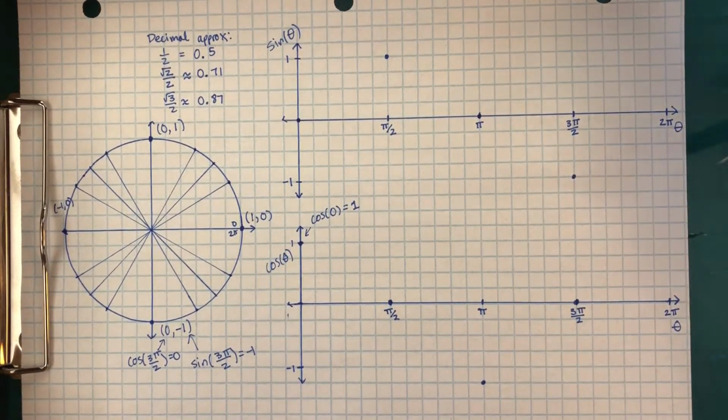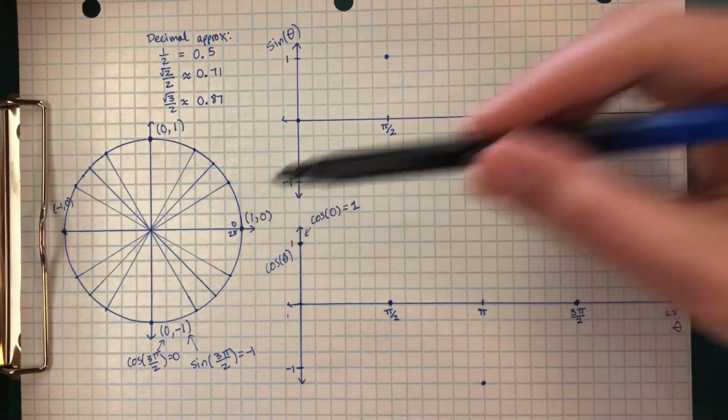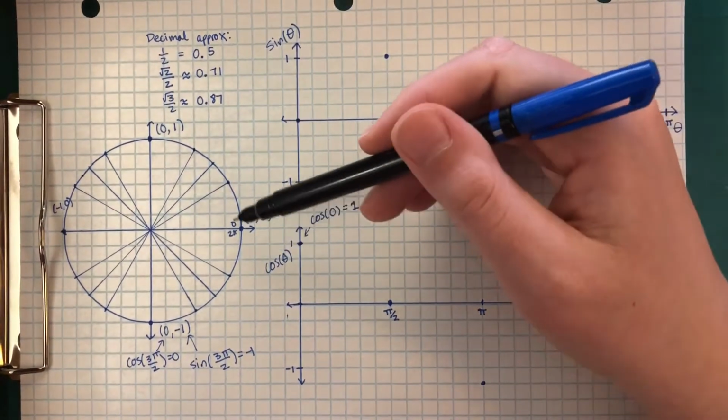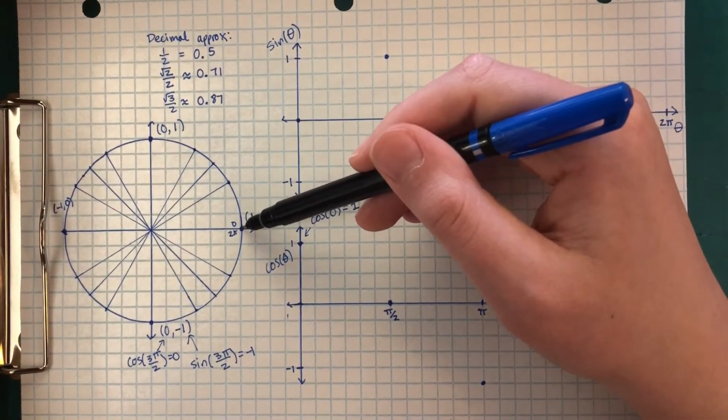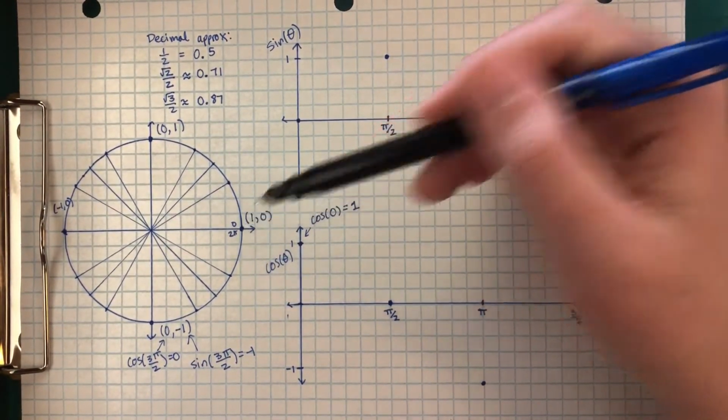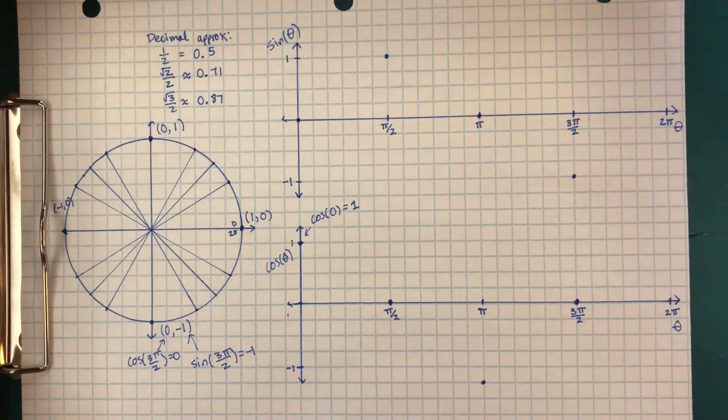The last thing on here is 2 pi. You might notice that this is the same point as an angle of 0. As we talked about, you can have multiple different numbers for the angles referring to the same point on the unit circle.